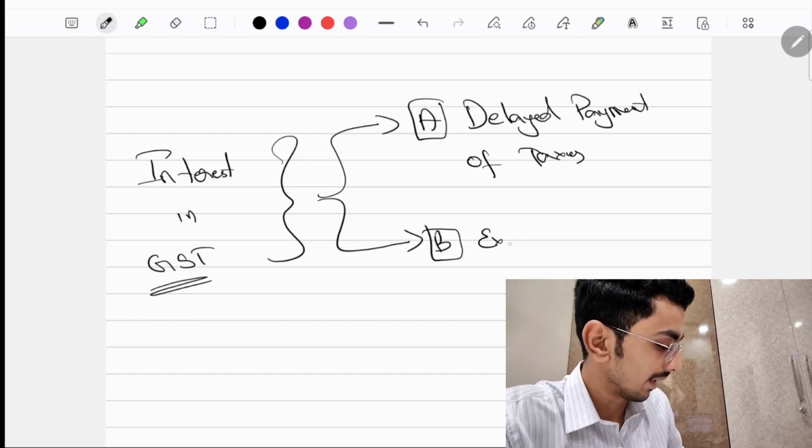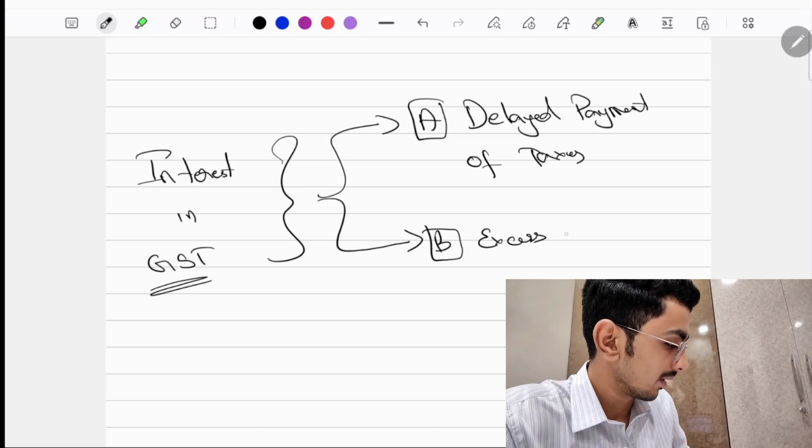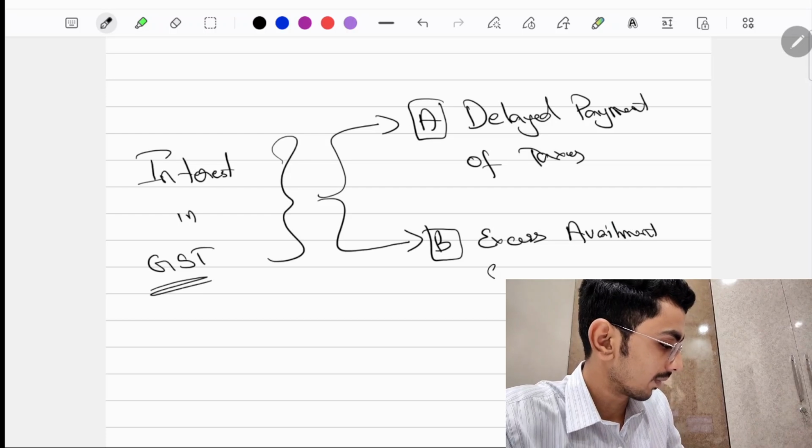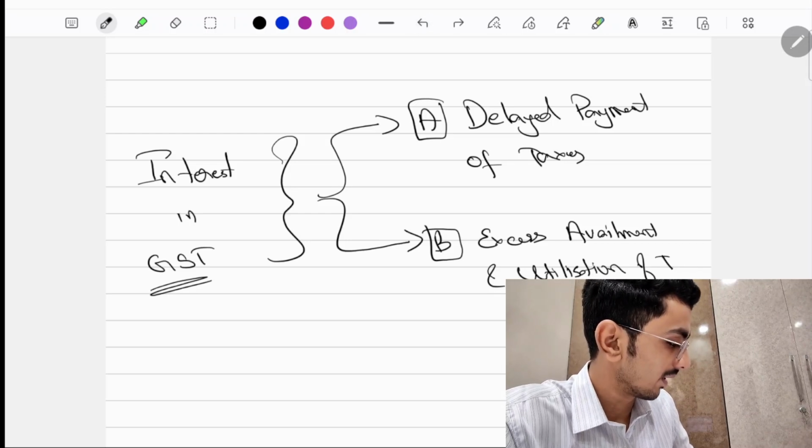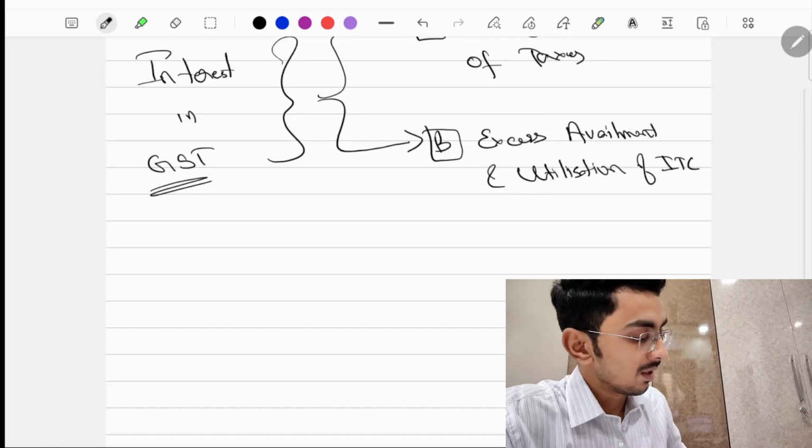Second component is excess availment and utilization of ITC.